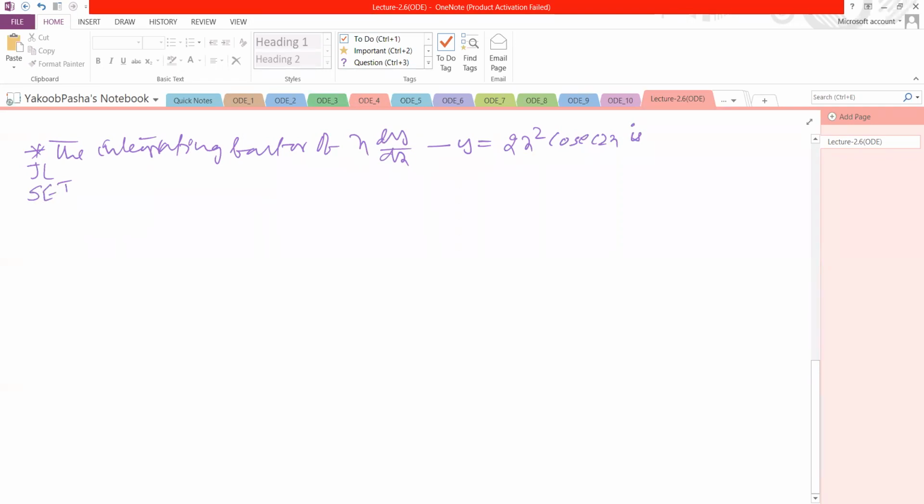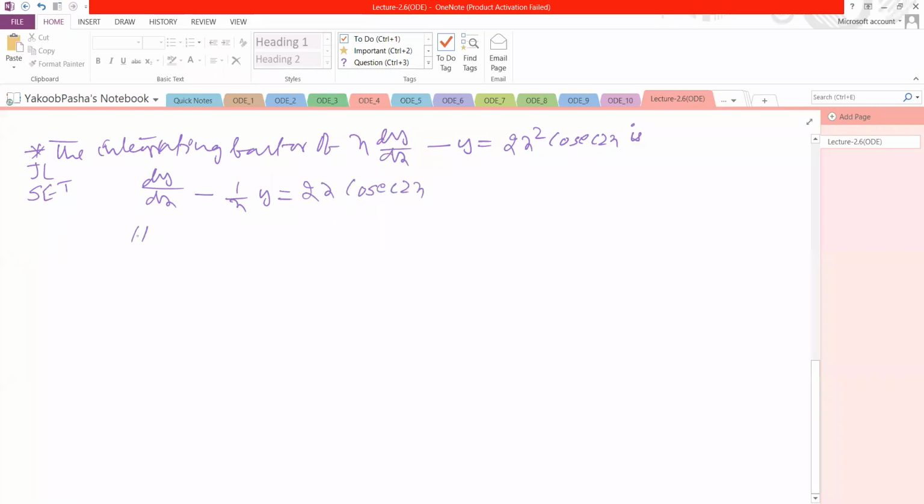Now for this differential equation, you have to remember one thing. In a first order linear differential equation, the coefficient of dy by dx should be 1. So here we have x, so we need to divide by x. The given differential equation can be reduced to dy by dx minus 1 by x into y is equal to 2x into cosec 2x.